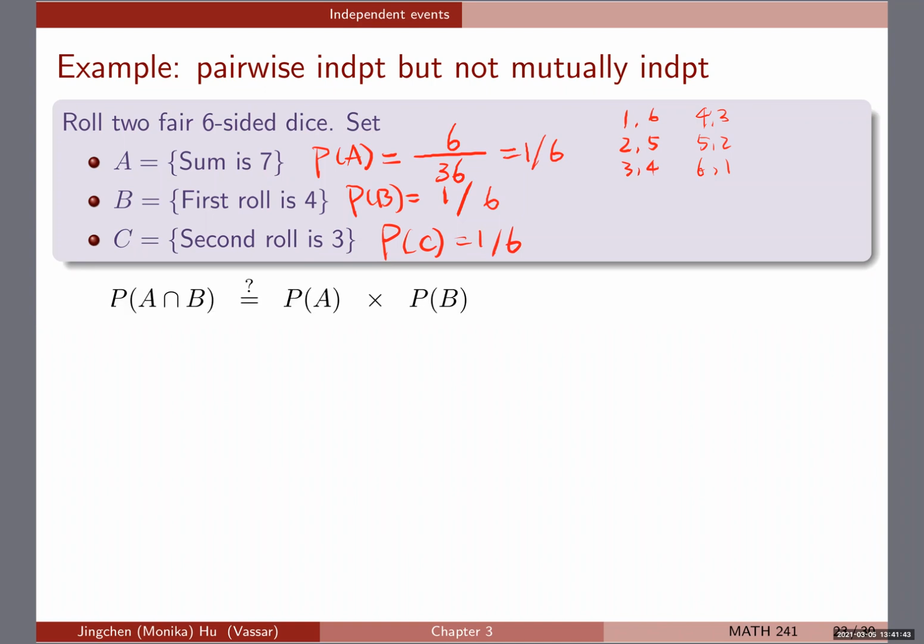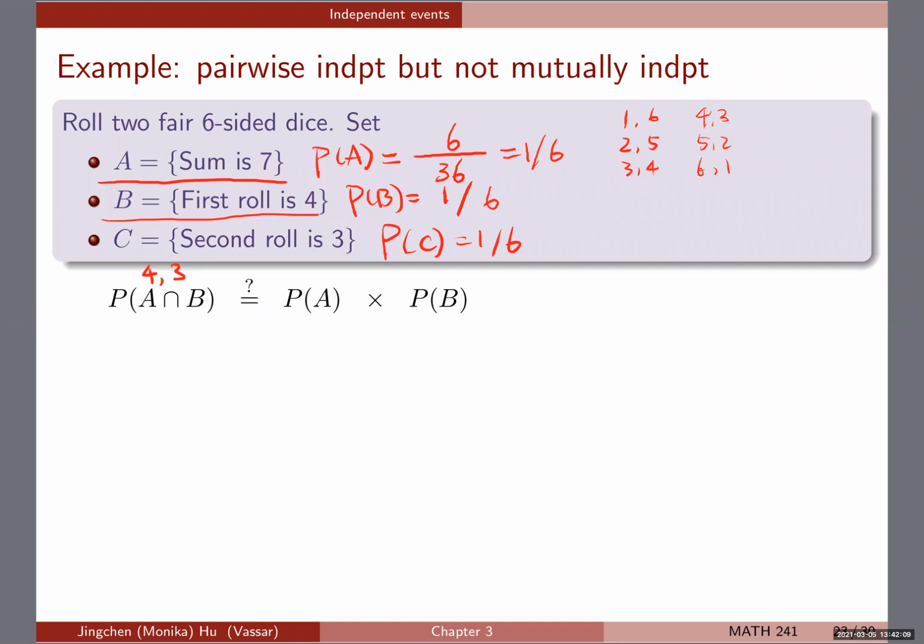The first one, in order to check independence, is looking at the pair of A and B. If we want A and B to happen at the same time, the two rolls will have to be 4 and 3, meaning that the first one is 4, like event B, and then if the sum has to be 7, the second roll will have to be 3.